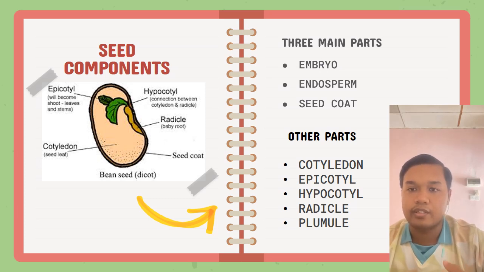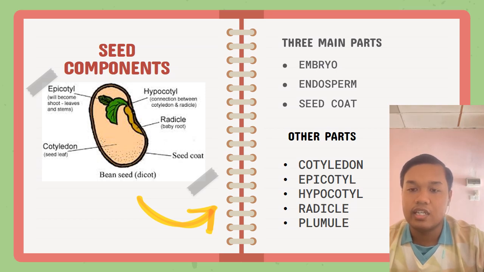And the embryo is the young, undeveloped plant within the seed. It consists of several key parts, which are radicle, plumule, and cotyledons. The radicle is the embryonic root that develops into the primary root upon germination, and the plumule is the embryonic shoot that gives rise to the leaf and stem upon germination.